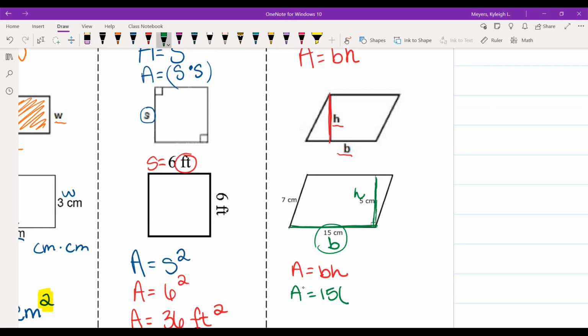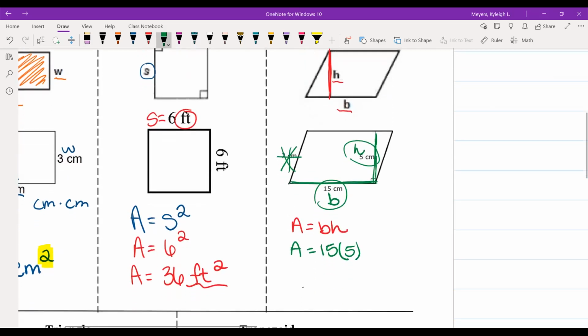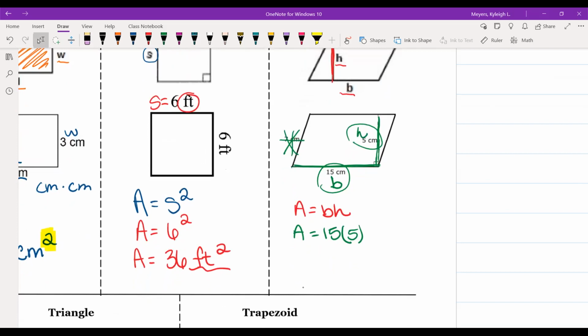And then our height, in this case, is 5. If it helps, cross out the 7 so you don't get distracted by it. Okay? And now you're going to plug in your calculator, 15 times 5. So we're going to do 15 times 5. And that's going to give us 75. Now, don't forget to label.